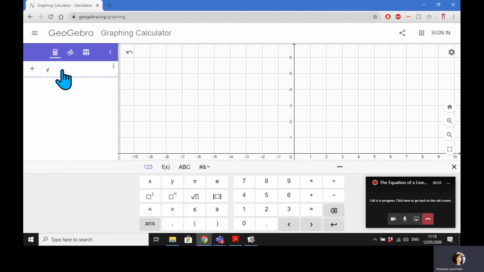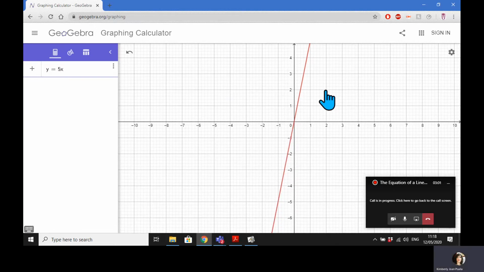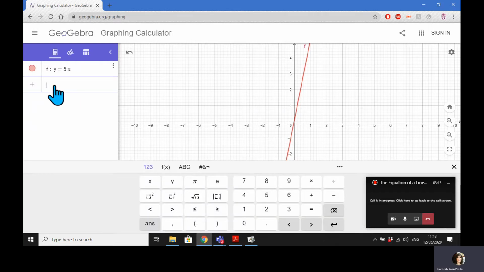Imagine I have the graph equation y equals 5x. And here you have drawn your y equals 5x equation. As you can see, this is how steep the line is. If I add another equation, look carefully at what is going to happen.